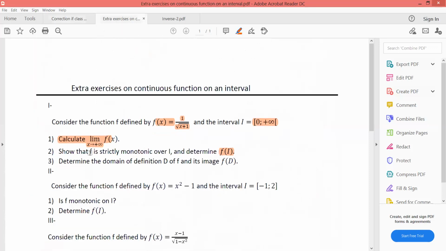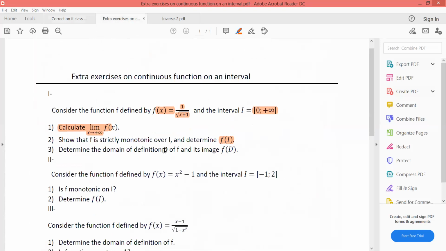Determine the domain of definition. How to determine the domain of definition of f? Under the radical must be positive. What is under the radical? x plus 1. x plus 1 is positive, so x should be greater than minus 1.